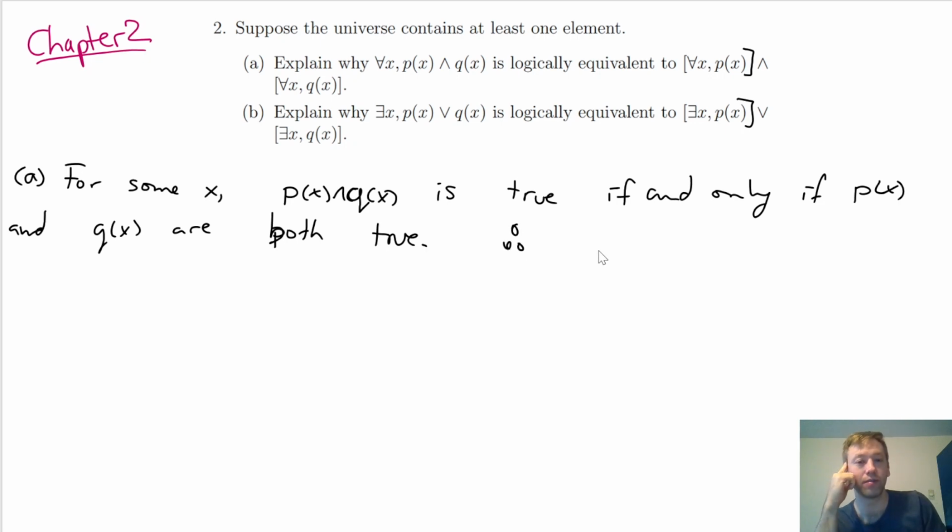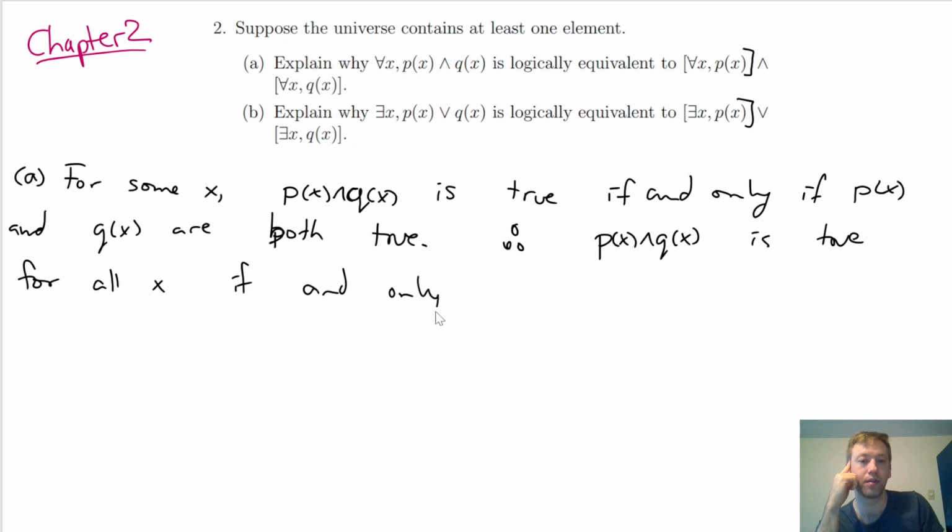So therefore, p of x and q of x is true for all x if and only if p of x and q of x are both true for all x.